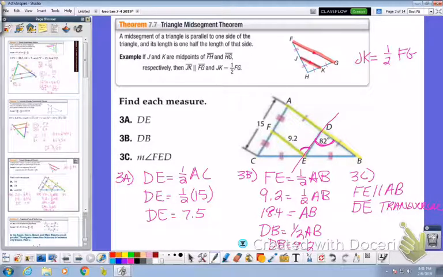So therefore, the measure of angle FED is also 82 degrees. If you want to think about it, think about alternate interior angles. So that's how you use the triangle mid-segment theorem to find different pieces of the triangle. Moving on.